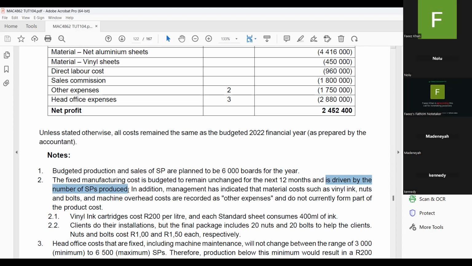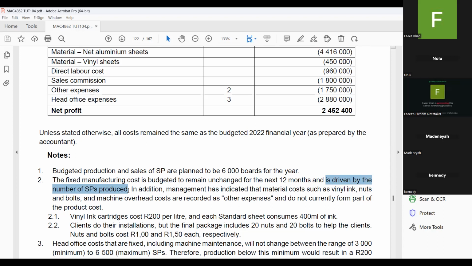It is direct material, direct labor, machine hours, direct labor hours. So if it was based on direct labor hours, machine hours, direct labor costs, or direct material costs, then that means the activity is based on an input. If it is based on units produced, like in this case, it is based on an output.